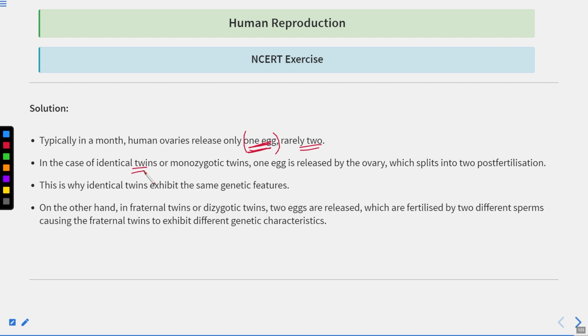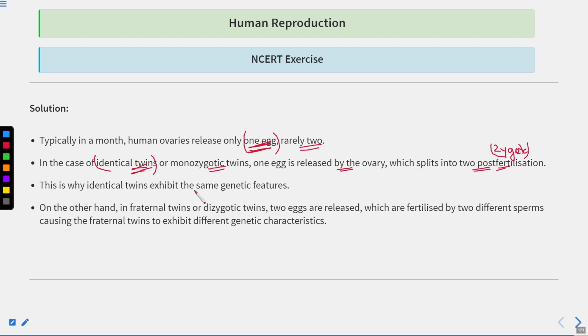In the case of identical twins, or monozygotic twins, one egg is released by the ovary, which splits into two post fertilization. Post fertilization means after the fertilization. So after the fertilization, the zygote is formed. Then the division takes place in the zygote, and this leads to the formation of identical twins.